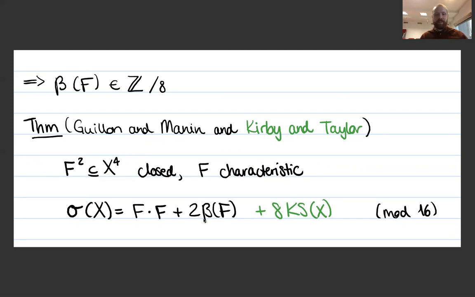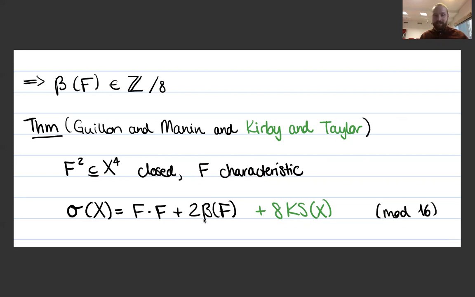And then you have this formula that recovers the old formula, Rokhlin's formula. If you took F to be actually oriented, then this E will be twice the Q from before. And so this recovers and extends the old formula.